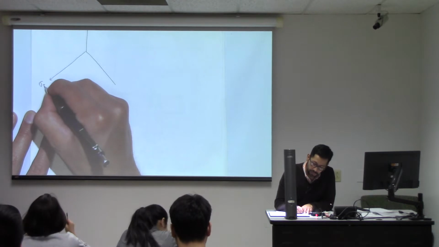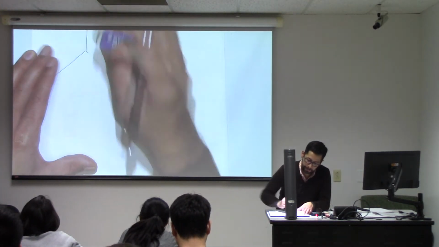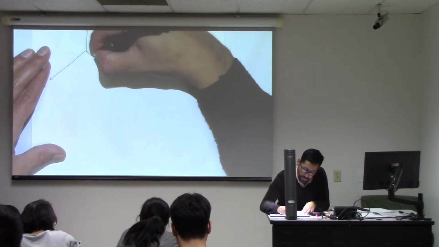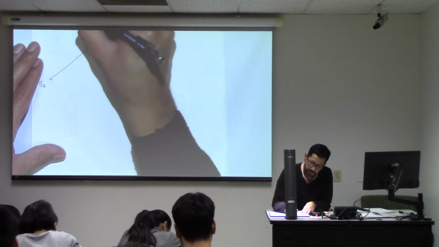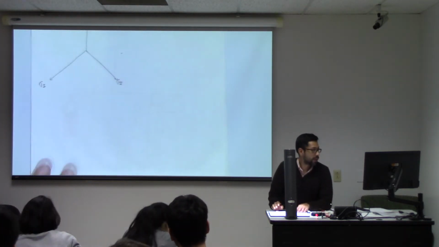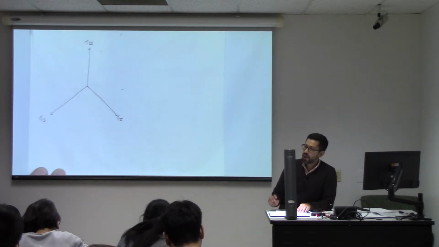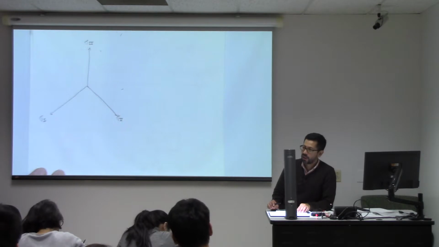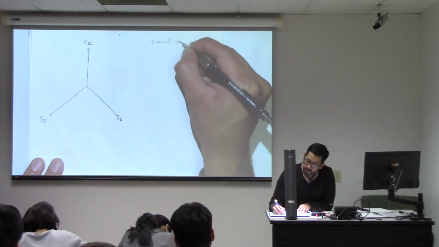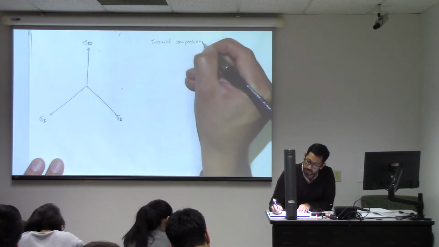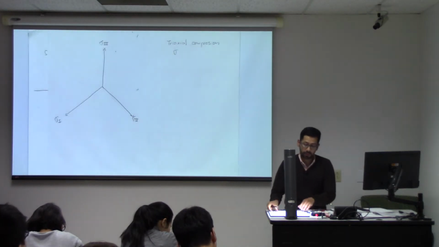So if this is sigma, let me draw this one again. Sigma 1, sigma 2, and sigma 3, all principal stresses, you could run what is called a triaxial compression test. And in that triaxial compression test, I forgot to say something about this.